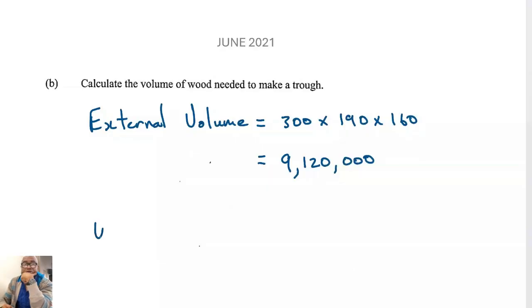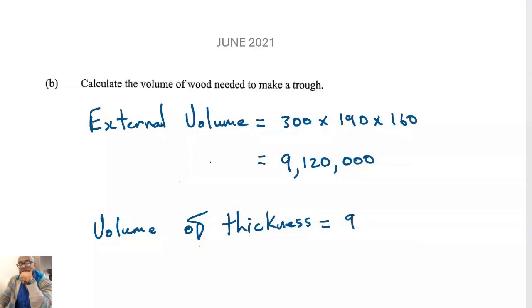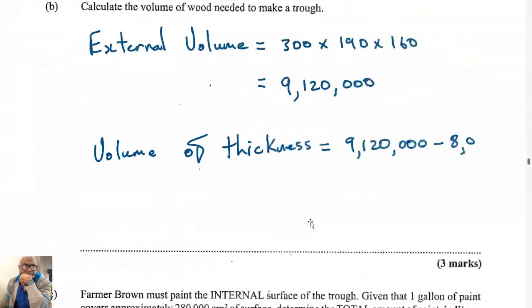Right? So the volume of the thickness would be equal to the 9,120,000 minus the 8,091,000. What's the volume of the thickness?